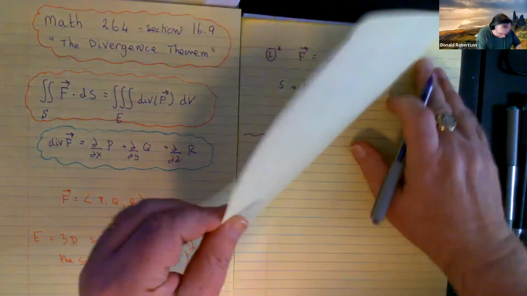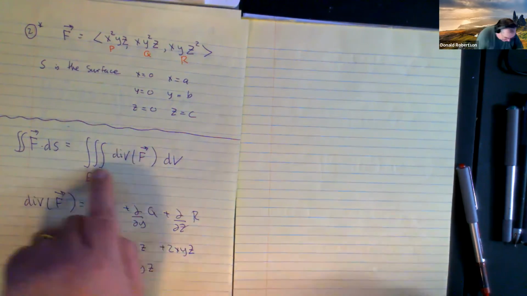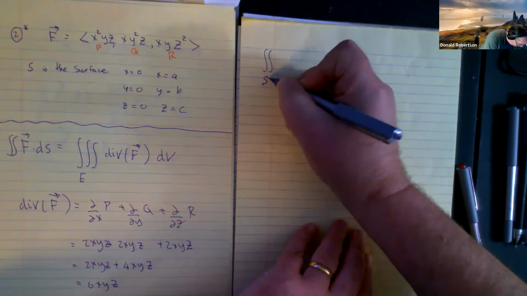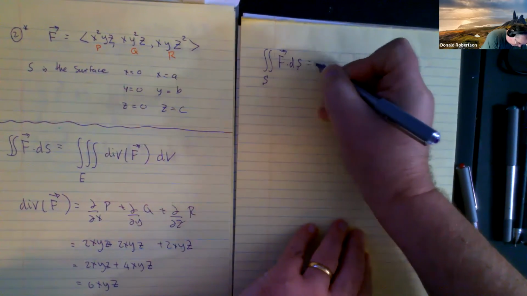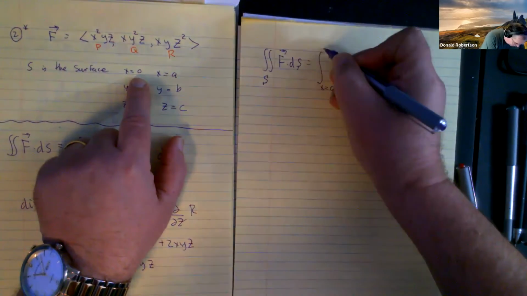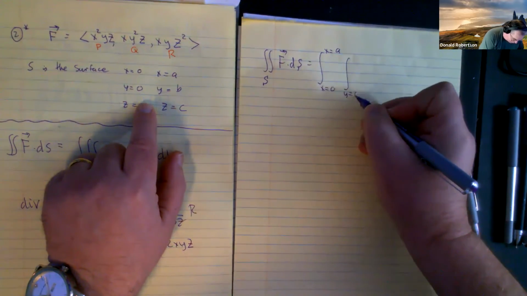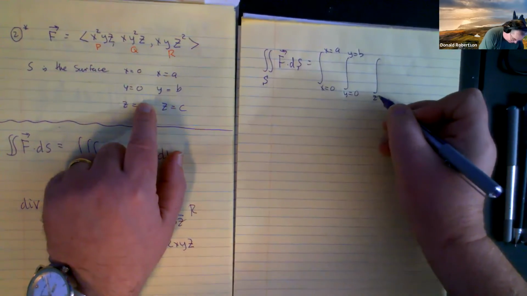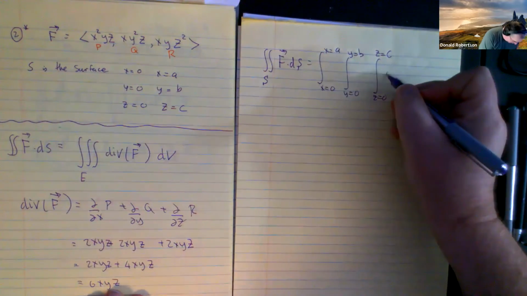Right, so I've now got all the pieces that I need. I've got the divergence, and I should be able to put them together. So this surface integral is going to be the integral from x equals 0 to x equals a, y equals 0 to y equals b, z equals 0 to z equals c of the divergence.